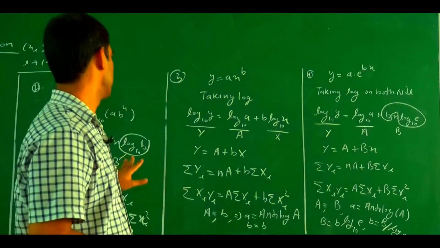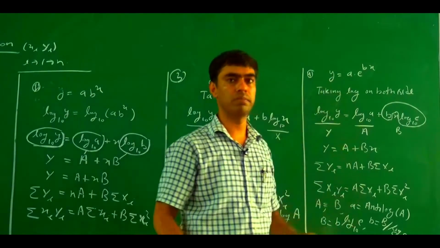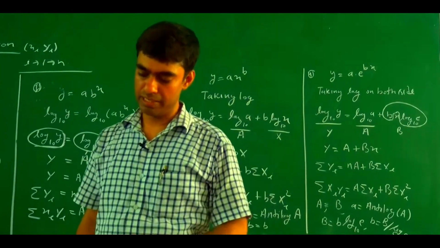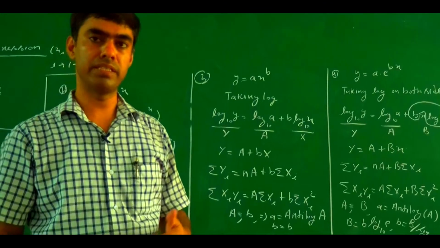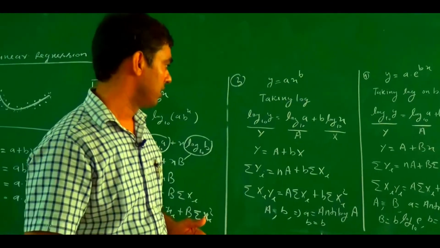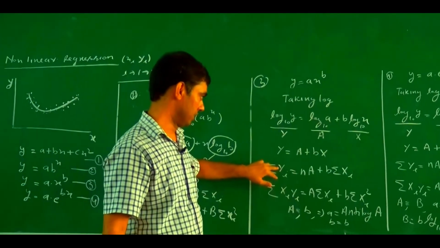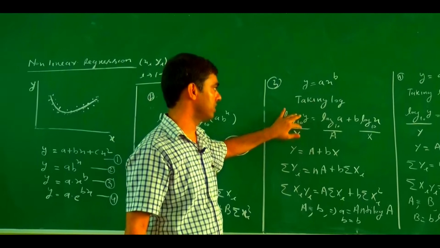These are the procedures if the curve is in this form, or this form, or this form. These are nonlinear regression as well as curve fitting by the principle of least squares.